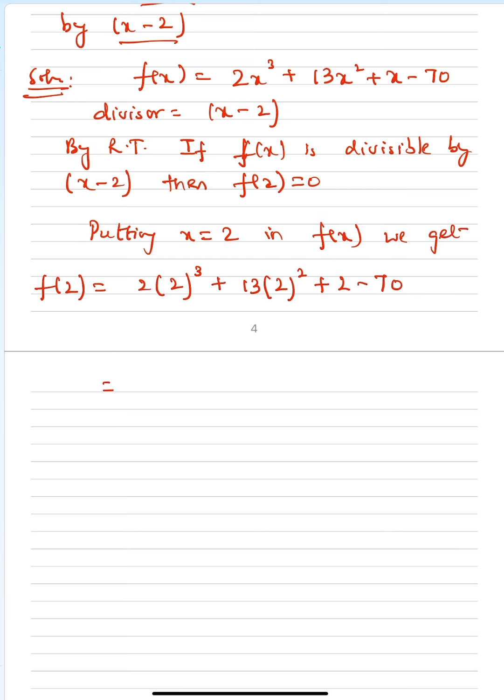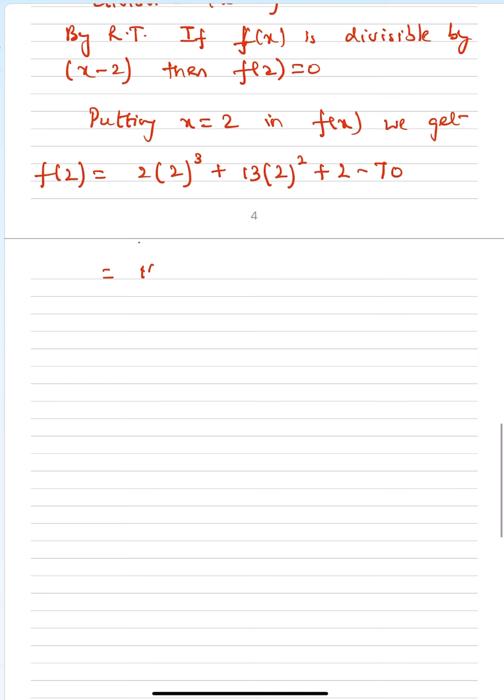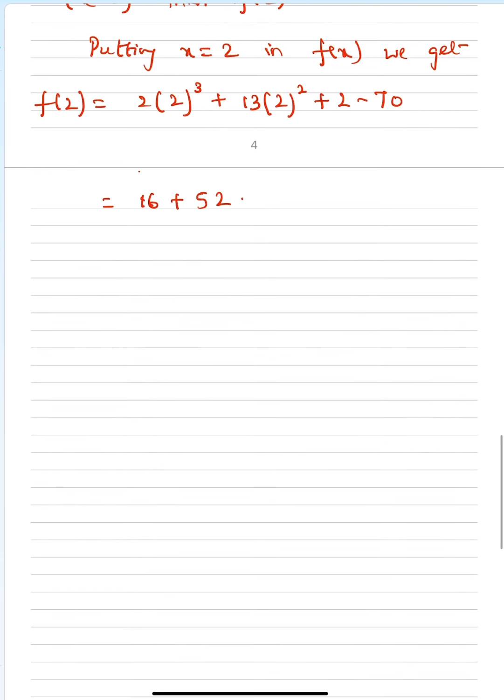Okay, this is equal to 16 plus 52 plus 2 minus 70. This is equal to nothing but 16 plus 54 minus 70. So 70 minus 70 is equal to 0.